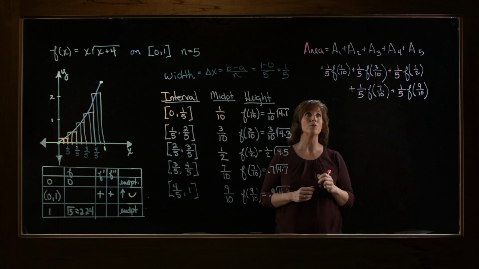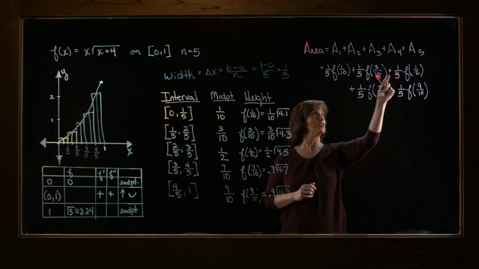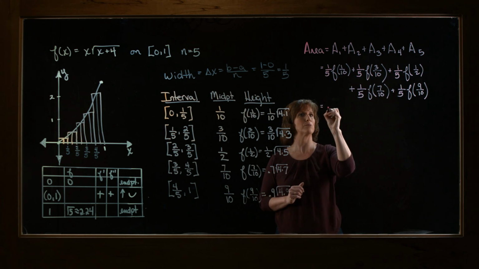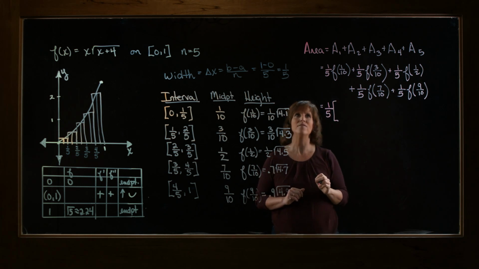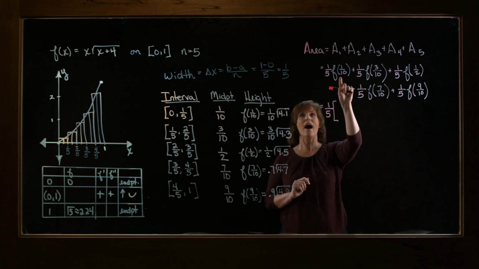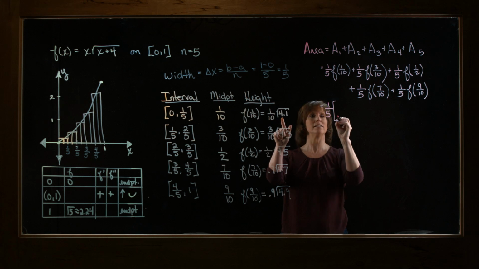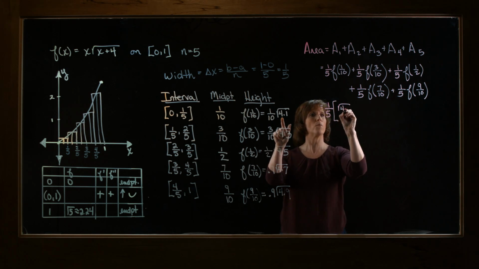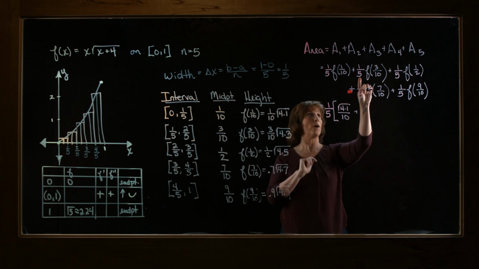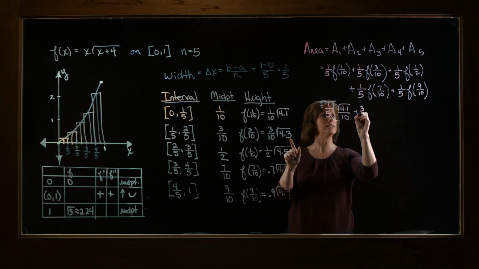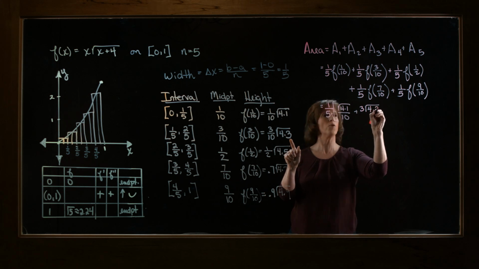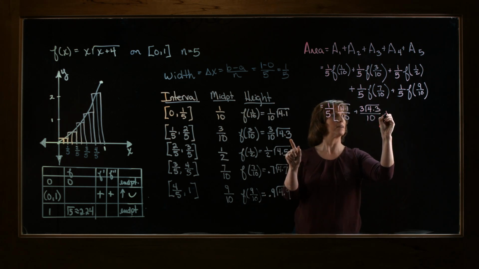Okay, now I have some number crunching to do. I do notice that there's a 1/5 in every one of those terms, so I can factor that out. And I'm going to go ahead and evaluate these functions. f of 1/10, I've already discovered, is the square root of 4.1 divided by 10. Again, I factored out the 1/5, and f of 3/10 is going to be 3 times the square root of 4.3 all over 10.